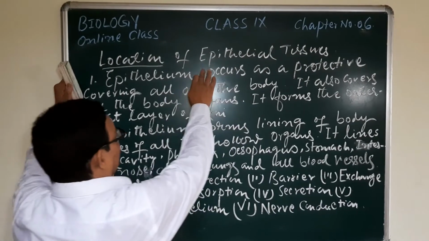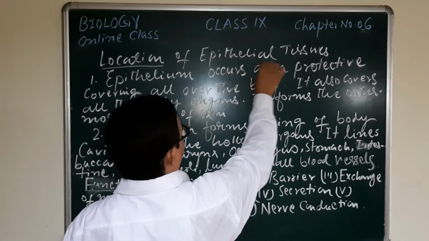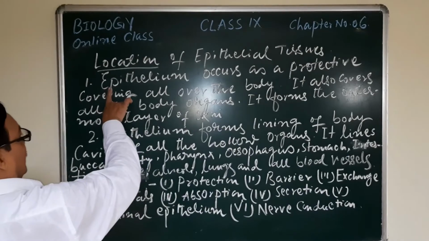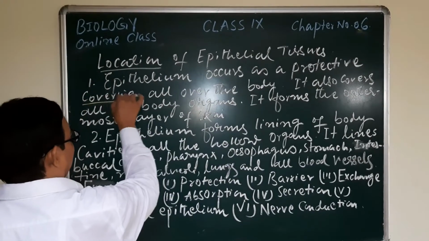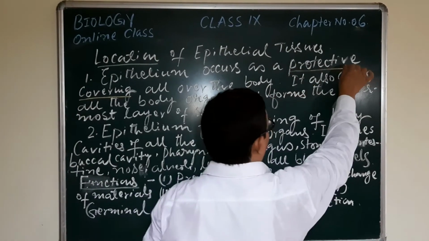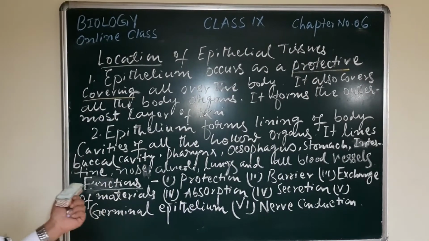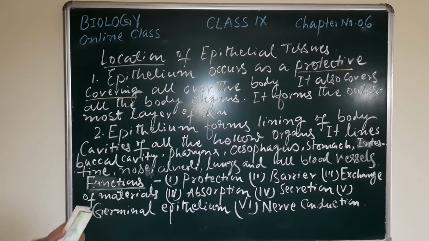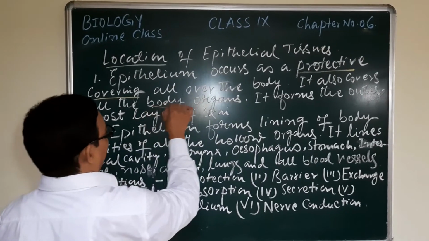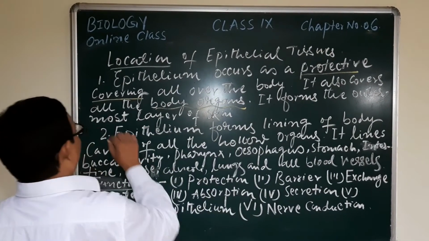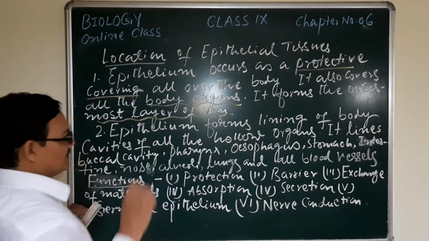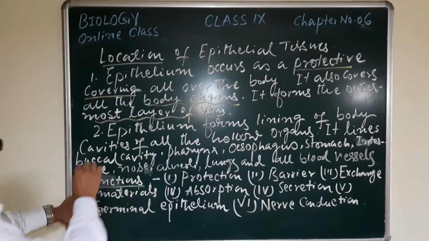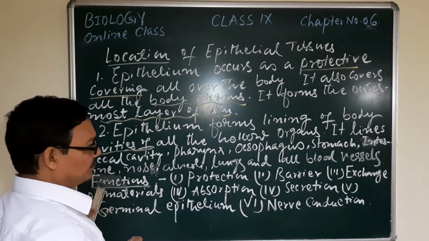Here are some parts where the epithelial tissue is located. It is the protective covering, and covers the entire surface of the body, some body organs, the outer layer of the skin, and cavities.